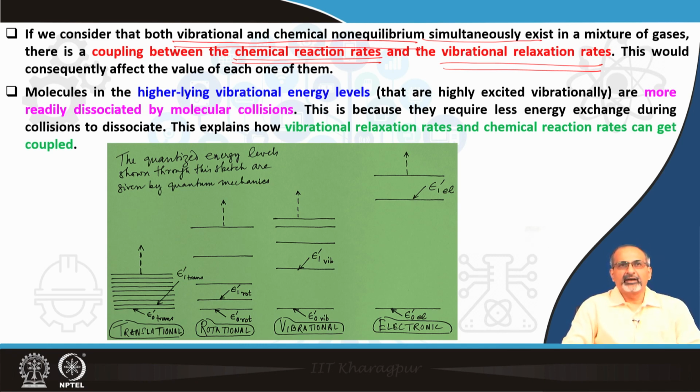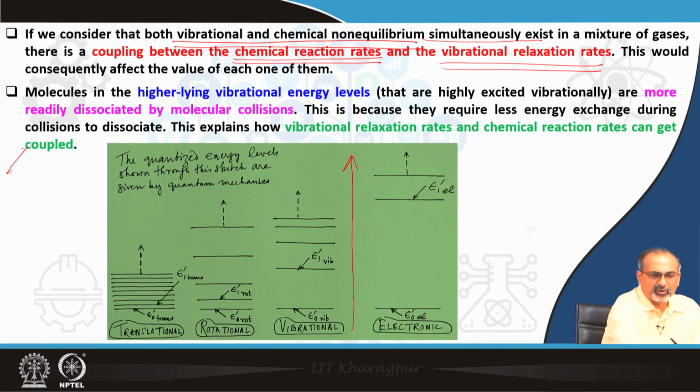Molecules in the higher lying vibrational energy levels that are highly excited vibrationally are more readily dissociated by molecular collisions. It is understandable that we are talking about much higher levels of energy, and those molecules which are residing in those very high energy levels can be rather easily induced into chemical dissociation when they undergo molecular collisions.